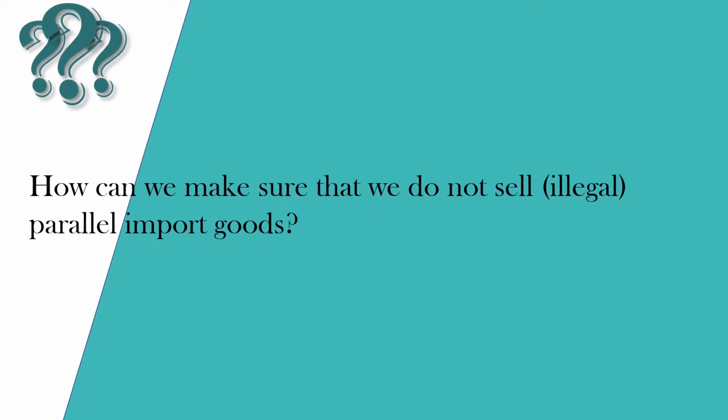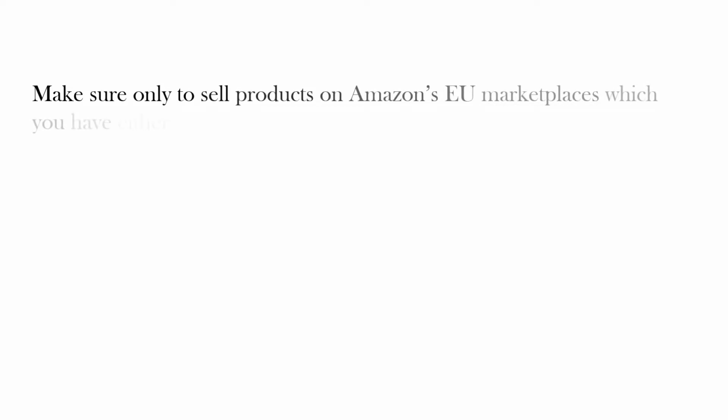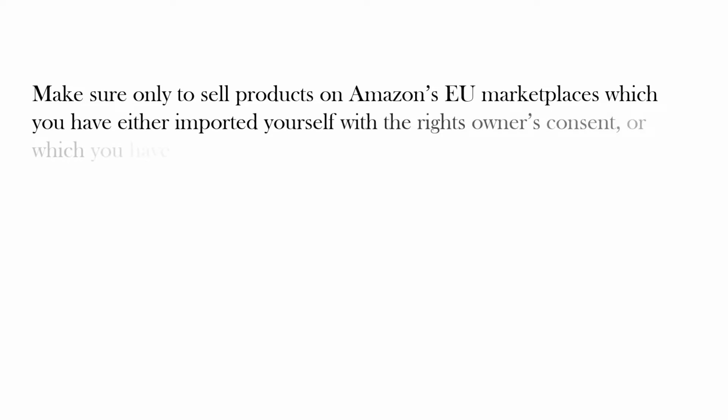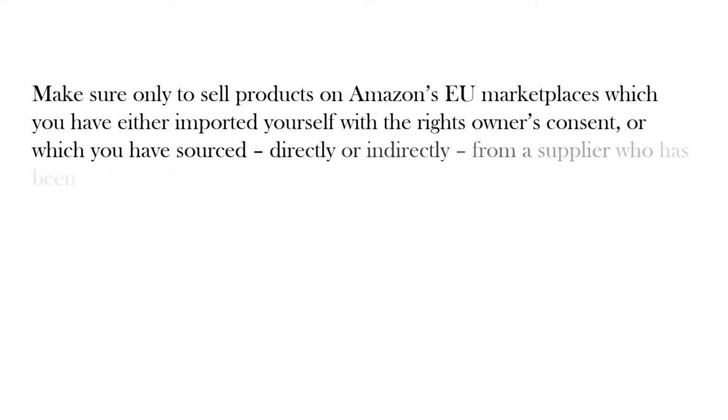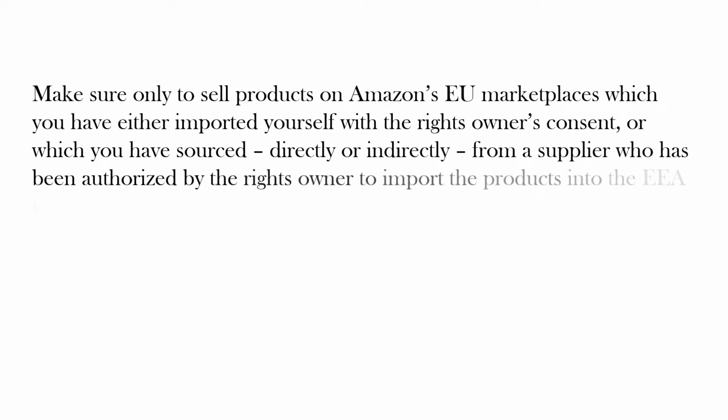Next we discuss, how can I make sure that I do not sell illegal parallel import goods? Make sure only to sell products on Amazon's EU marketplaces which you have either imported yourself with the rights owner's consent, or which you have sourced directly or indirectly from a supplier who has been authorized by the rights owner to import the products into the EEA.